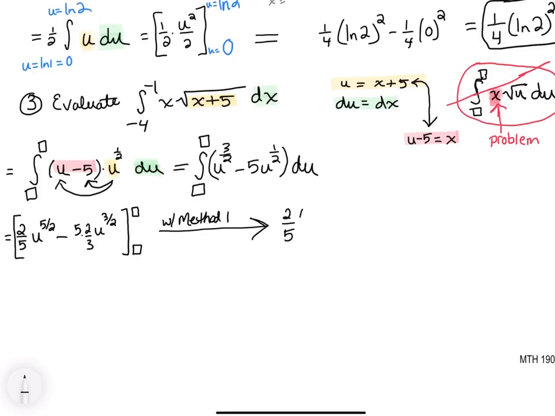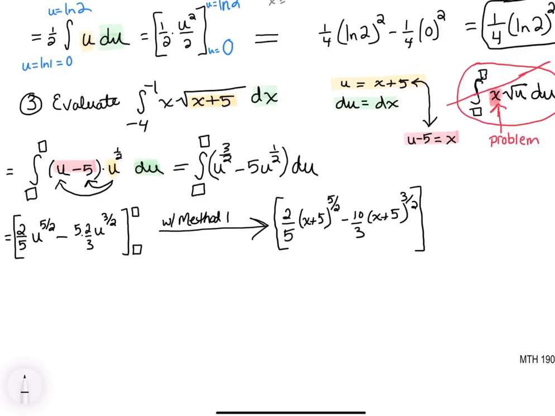So method 1 says you just keep going all the way back to your x's, just like you typically would if you were taking an indefinite integral. So we're replacing our u's with the quantities of x plus 5 binomials. And so I've replaced those, and instead of a plus c, I now would evaluate between my x limits of integration.